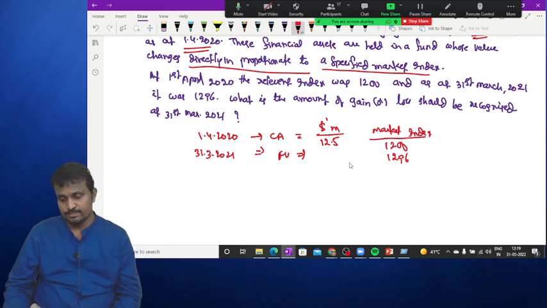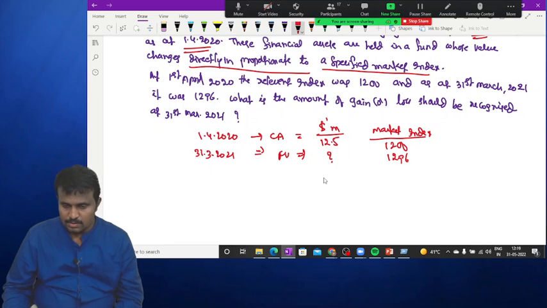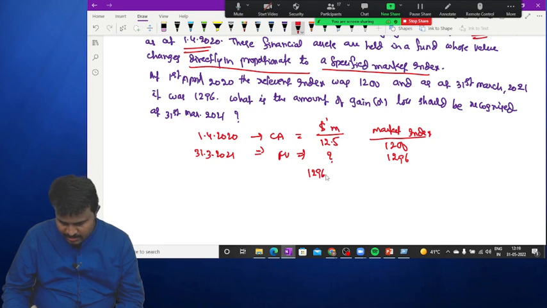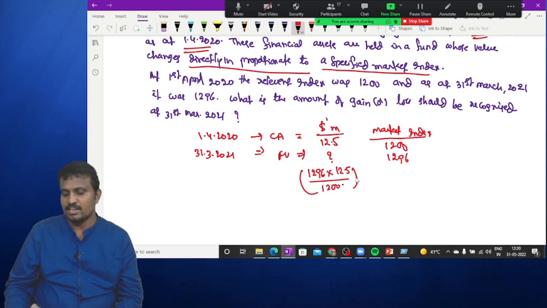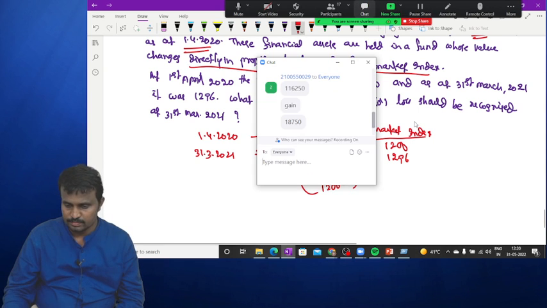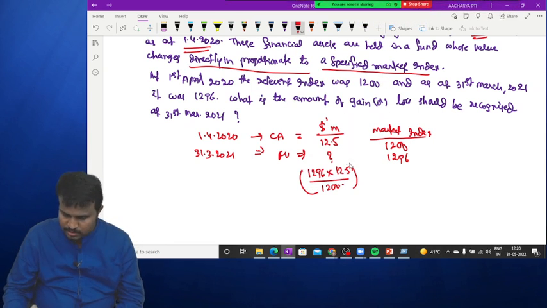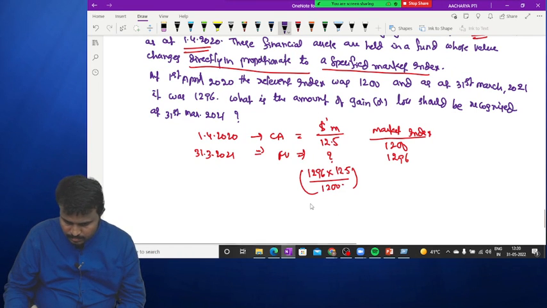Shall we calculate? 1296 into 12.5 by 1200. How much? 13.49, say 13.5.